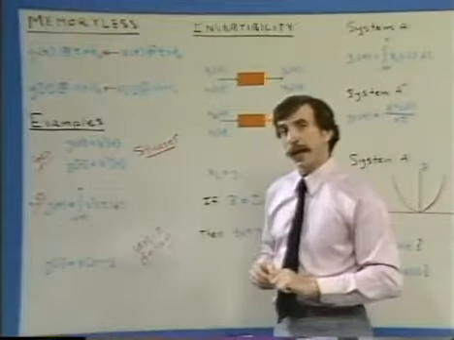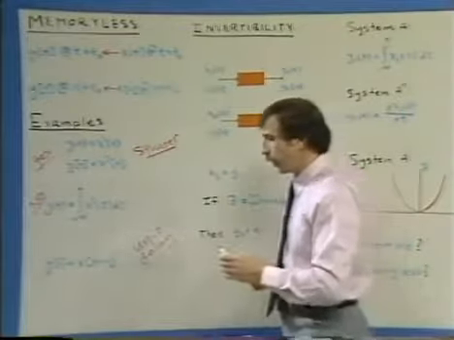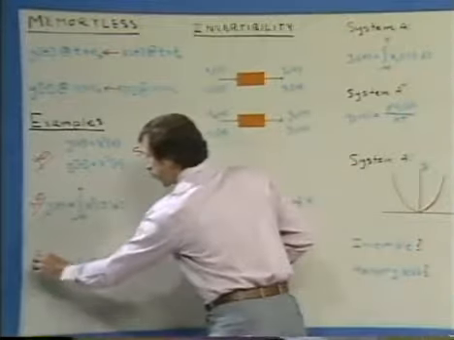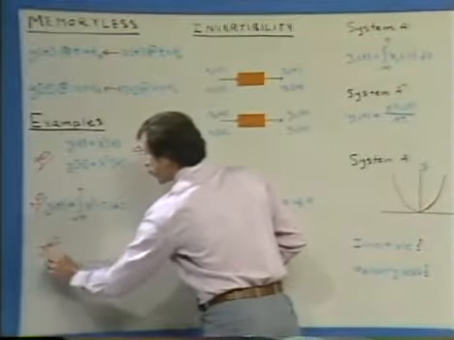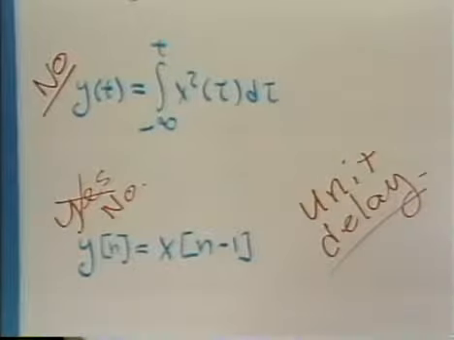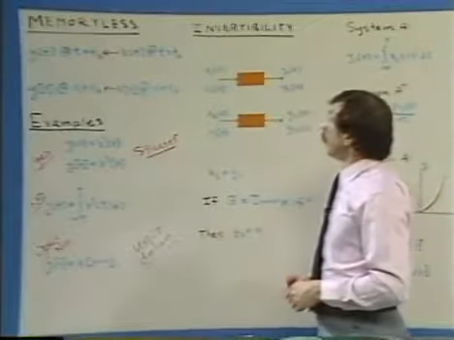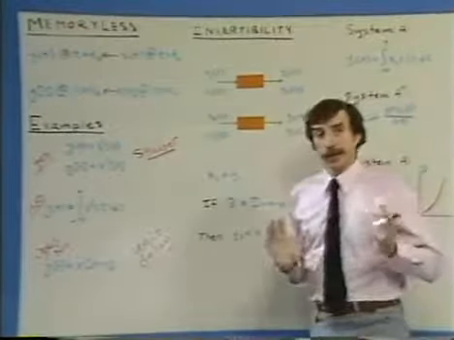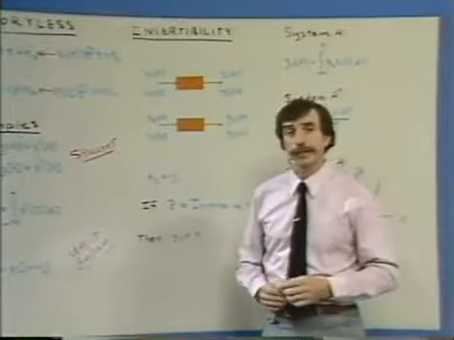And so, in fact, the unit delay is a system that has memory, and so let's indicate that here. So this is not a memoryless system because of the fact that there is one unit of delay, and in essence, delay requires memory. Okay, so that's the issue of memory and memoryless systems.